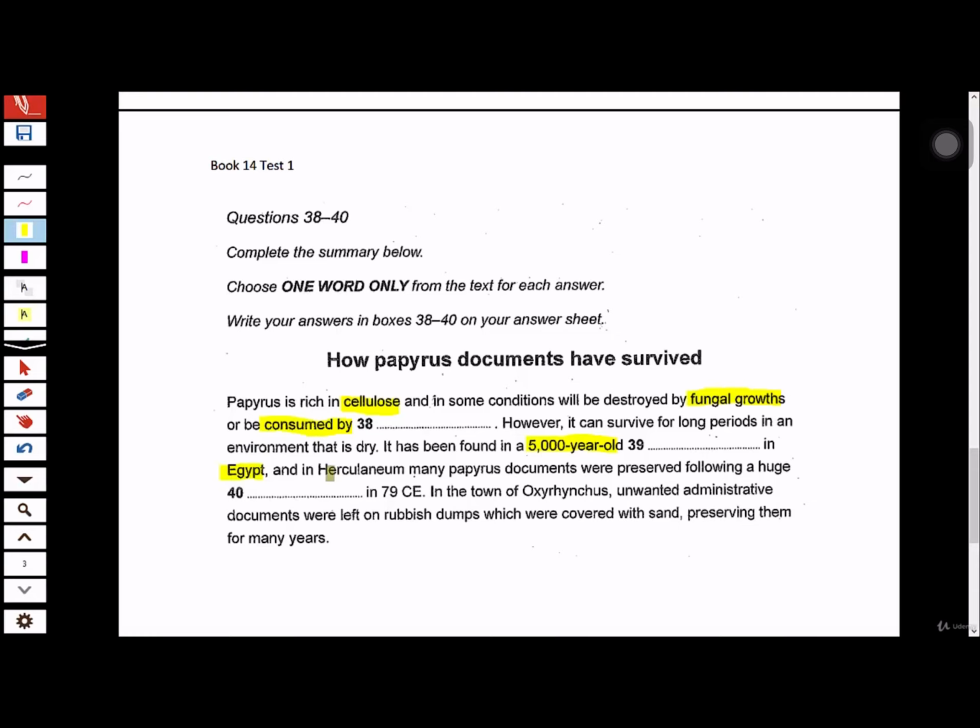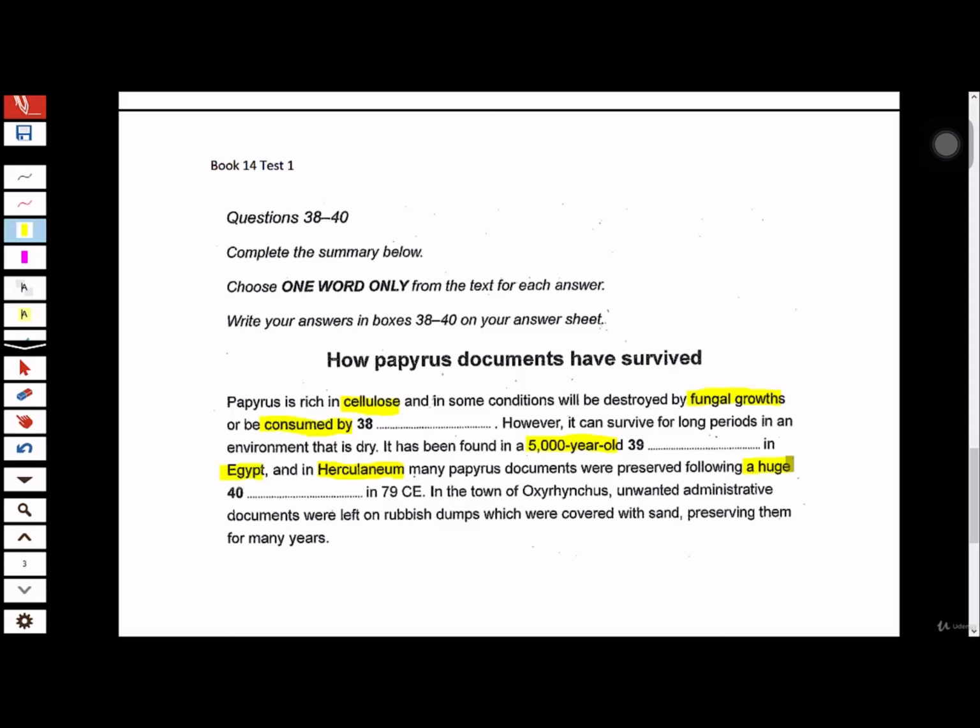And for number 39, this word right here, Herculaneum, is very, very easy to find. And for number 40, the blank line is preceded by the words "a huge."